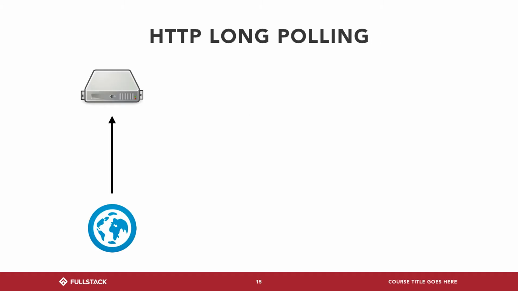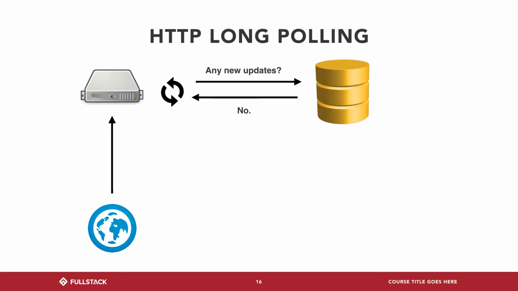So we have our, wait, what is going on here? Oh yeah, so we have the server talking to the database, which is kind of confusing. I would just expect it to be the server and the browser.